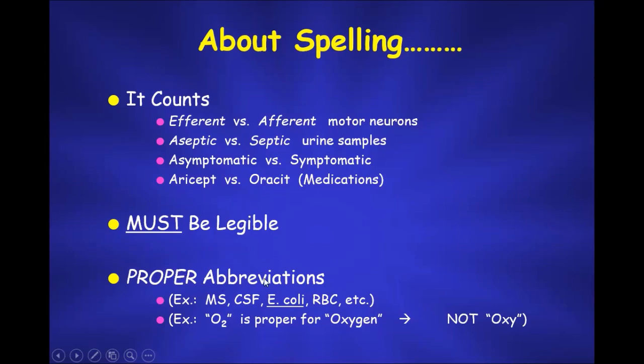Also, when you're dealing with abbreviations, make sure they are appropriate or they are proper abbreviations. We all know that when we write abbreviations for our own personal use, they can be just our own abbreviations when we write notes, right? I mean, I remember in high school and college, for me to write people, I didn't write P-E-O-P-L-E, right?